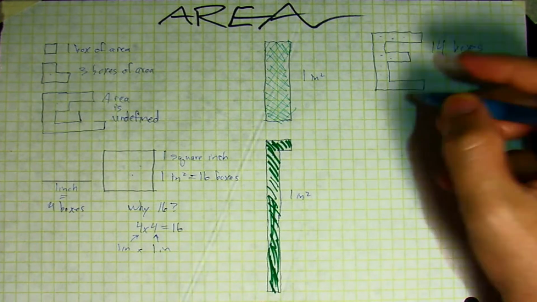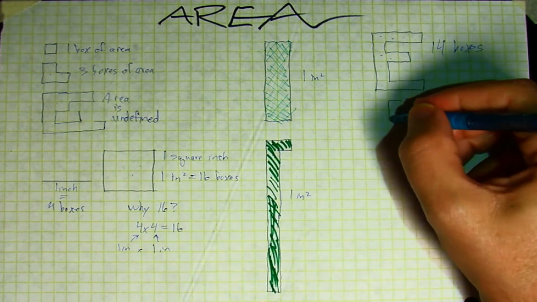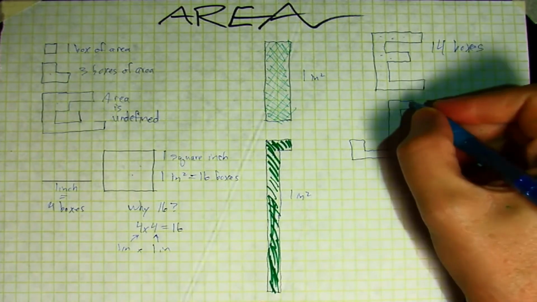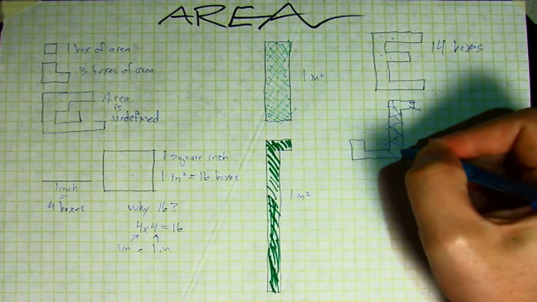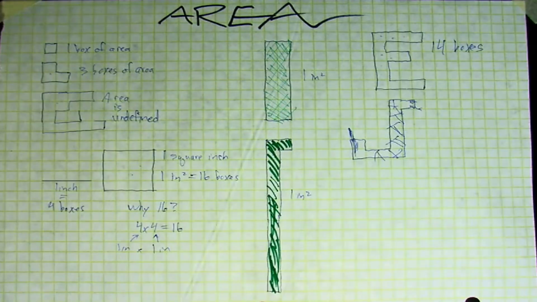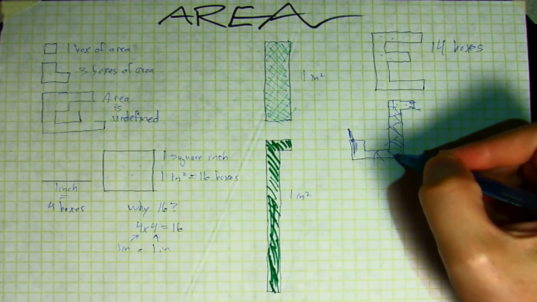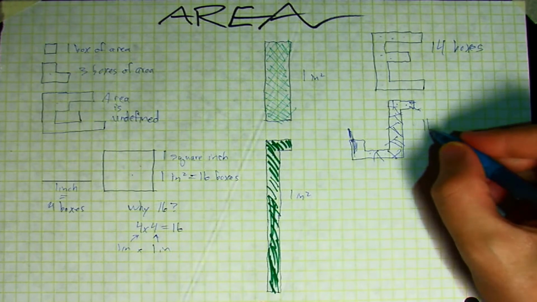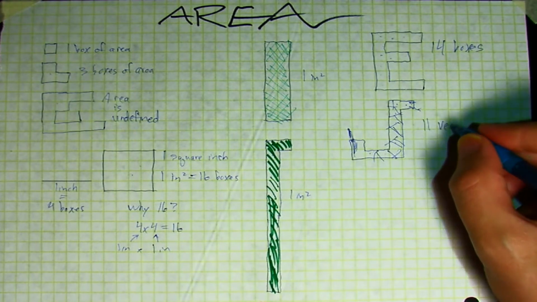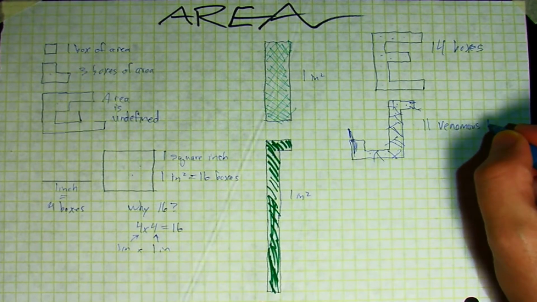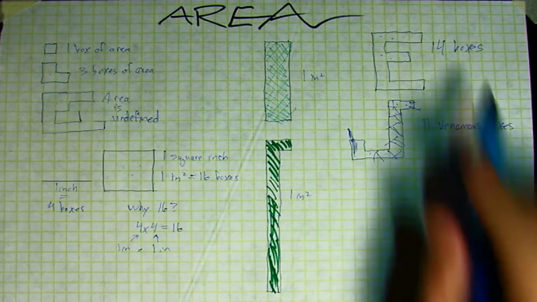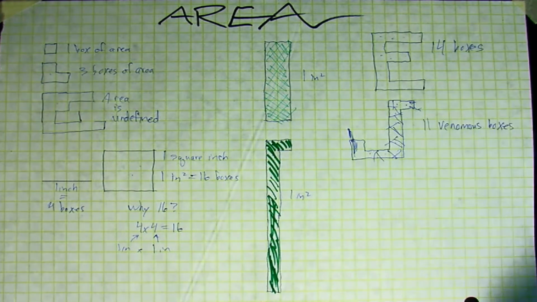And let's draw another little shape that kind of looks like this. Let's see, how about like that? So there is your snake, and your snake takes up 1, 2, 3, 4, 5, 6, 7, 8, 9, 10, 11. 11 venomous boxes.